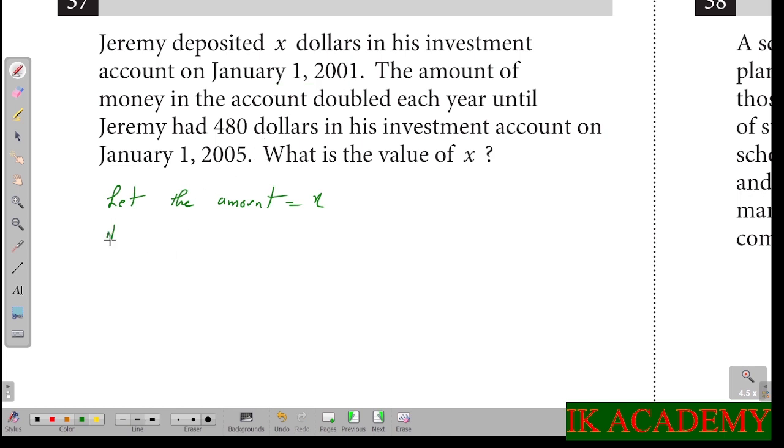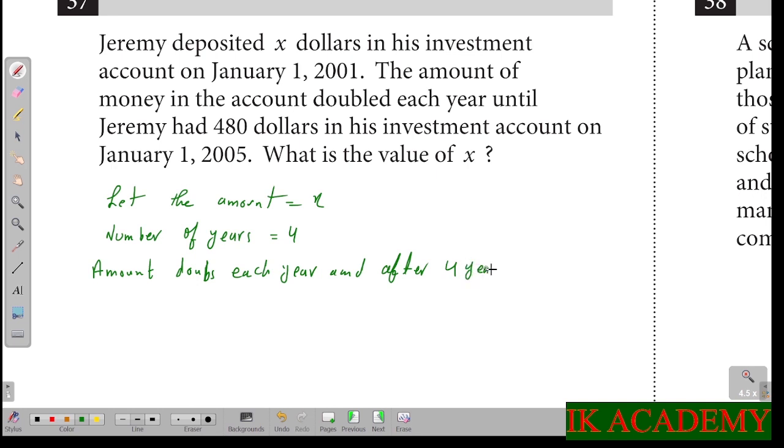So the number of years is equal to 4. Amount will double each year, and after 4 years, it will be equal to $480.